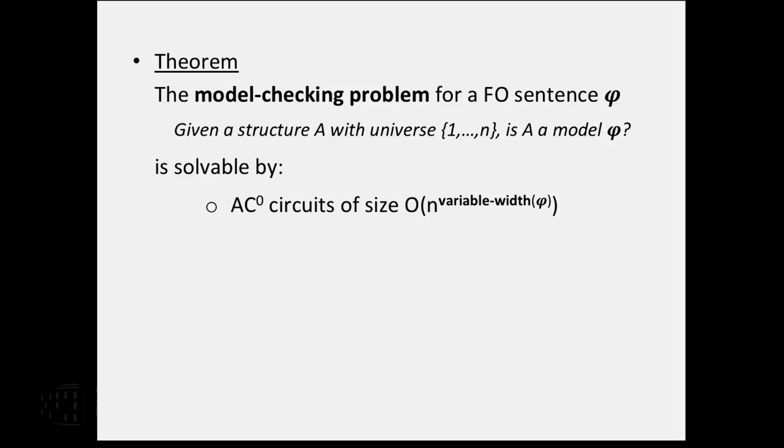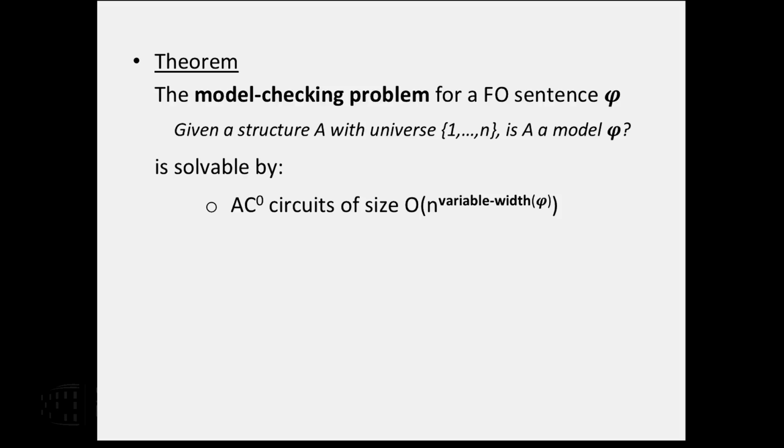The model checking problem for phi is the following problem. You're given a structure A with universe 1 to n, and you want to know, is A a model of phi? The basic theorem is that this is solvable by AC0 circuits of size order n to the variable width of the formula. And this is essentially an exercise.